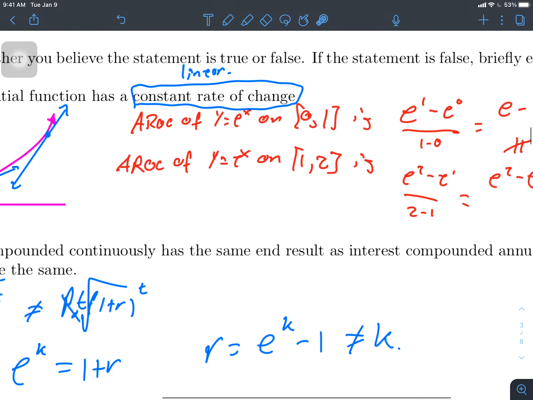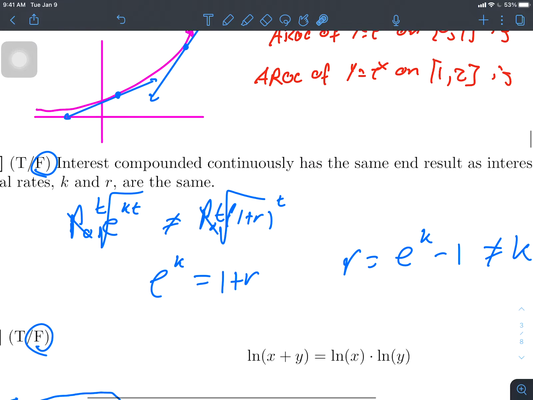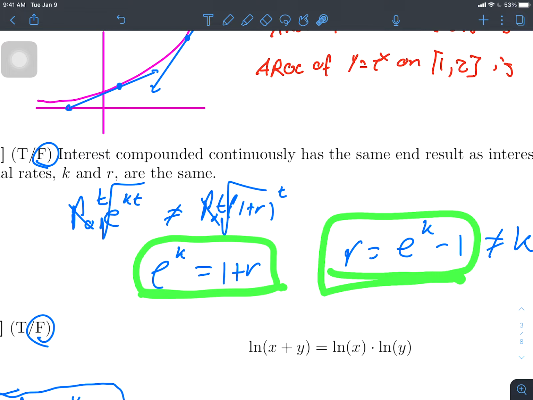But you can also see this algebraically. So what I was doing here was I just said, okay, P naught e to the kt, set it equal to P naught times 1 plus r to the t. Then all I did was cancel the P naughts and take the t-th root. And I get the equation that e to the k is equal to 1 plus r, which tells us that r is equal to e to the k minus 1.